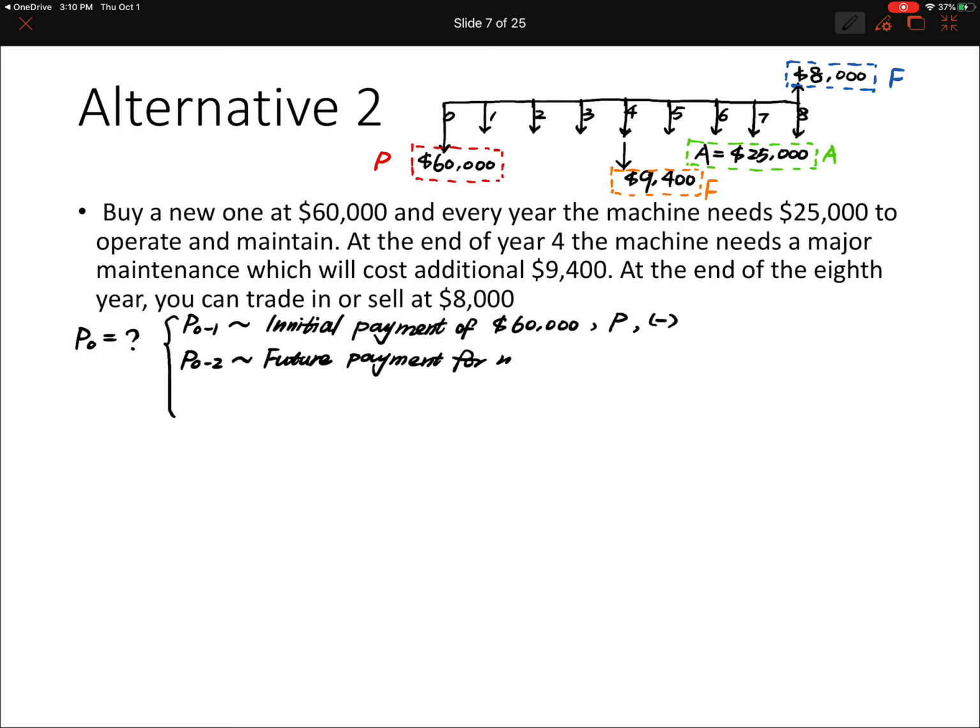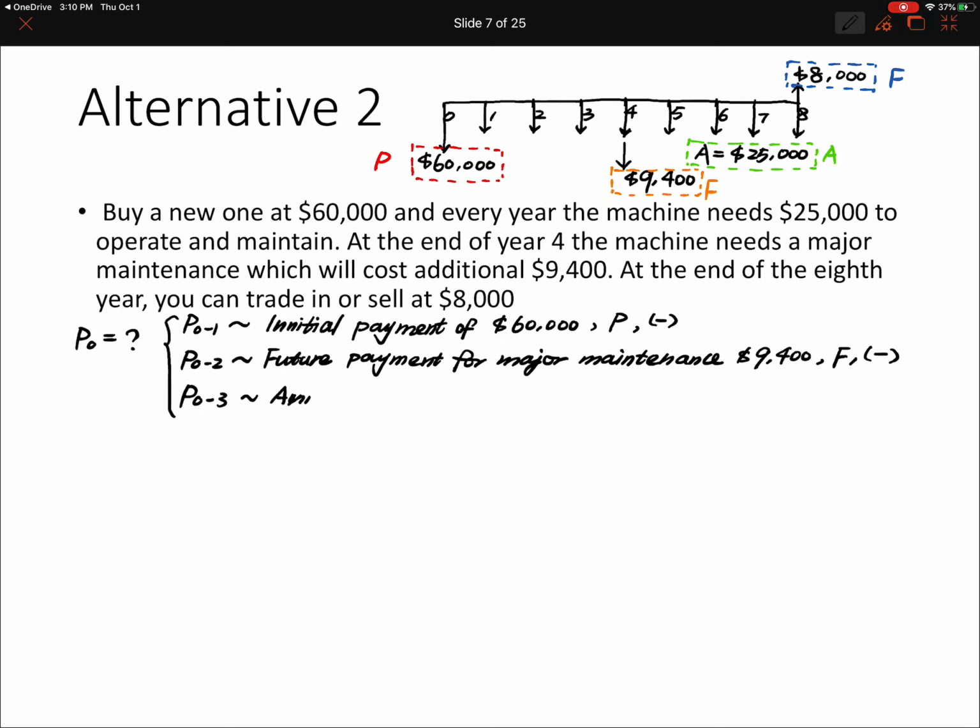Future payment for major maintenance, which is 9,400, and compared to time 0, it is a future value, and it is cost, so it's negative.